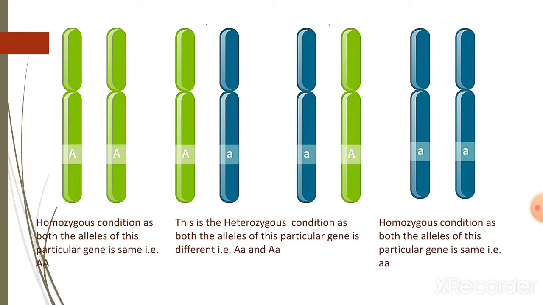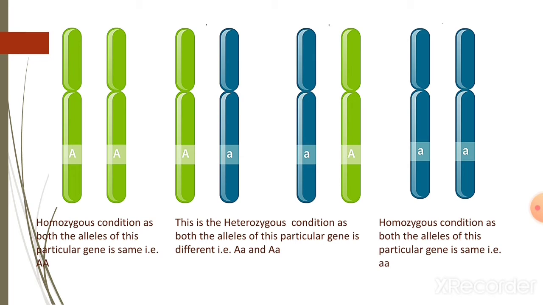Now, in these figures, we can easily differentiate between the homozygous condition and heterozygous condition. In the first figure, we see a homozygous condition as both the alleles of gene A are the same, that is capital A, capital A. In the second and the third figure, the condition is heterozygous, as both the alleles of this particular gene are different, capital A, small a.